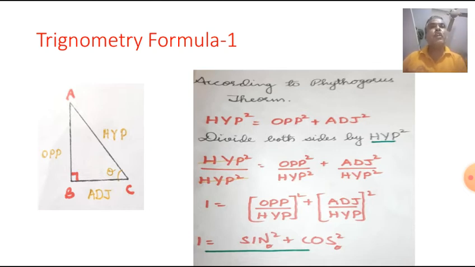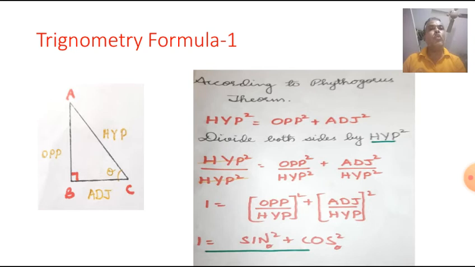Divide both LHS and RHS by hypotenuse square. Divide both sides, that is the right hand side as well as the left hand side, by hypotenuse square. If you do so, what we get? We get hypotenuse square divided by hypotenuse square is equal to opposite square by hypotenuse square plus adjacent square by hypotenuse square. Here hypotenuse square will cancel with hypotenuse square. The result is 1.